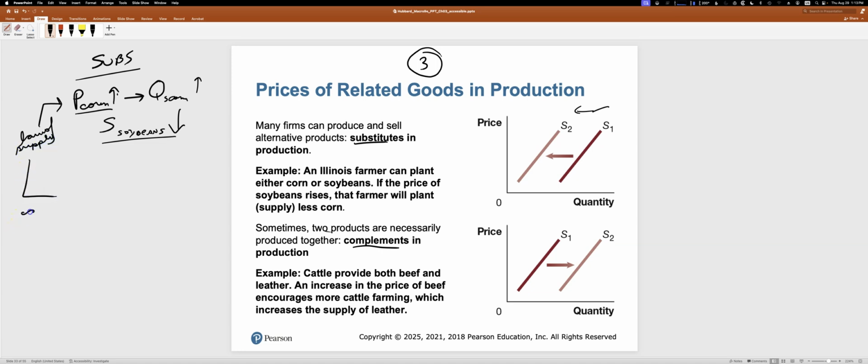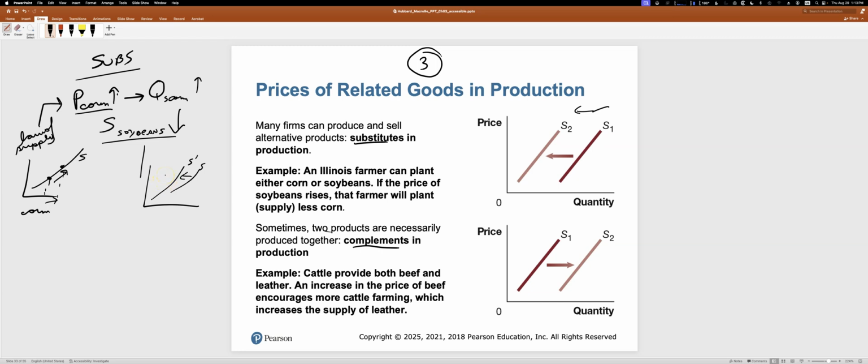Essentially in the corn market, you're seeing movement along the curve, where the quantity is going up. But in the soybean market, you are not using the law of supply. Here you have a whole shift of the curve, with a decrease in supply.